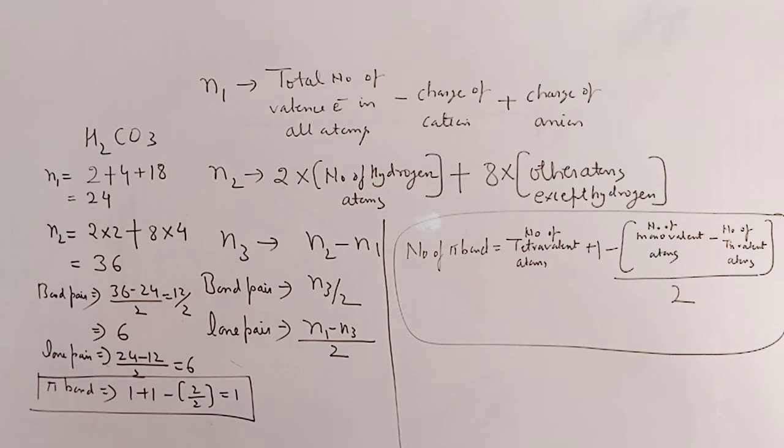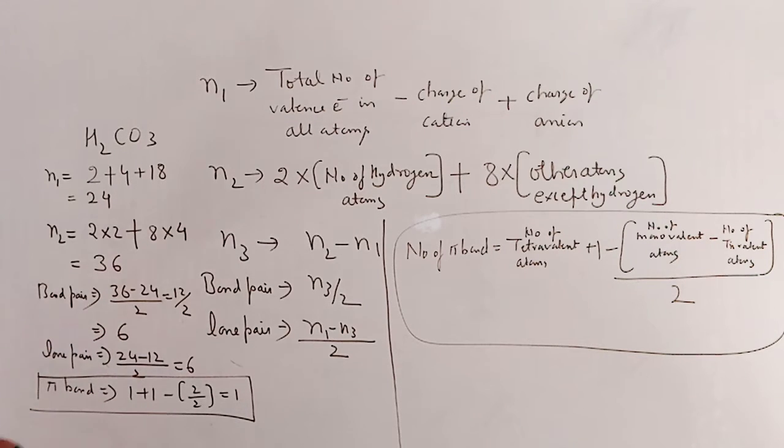Clear? So in case of H2CO3, the number of bond pairs is 6, number of lone pairs is 6, pi bond is 1, so the number of sigma bonds will be 6 minus 1, which is equal to 5.